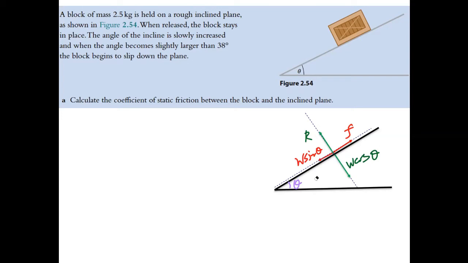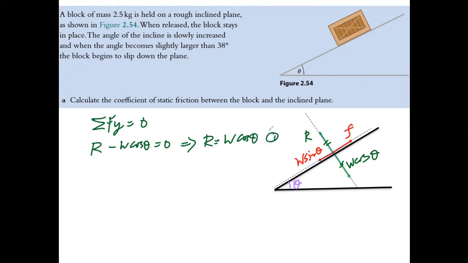Since the object is moving parallel to the surface, the net force in the y component equals 0, which means R minus W cosine theta equals 0. That means R equals W cosine theta. That's our equation 1.